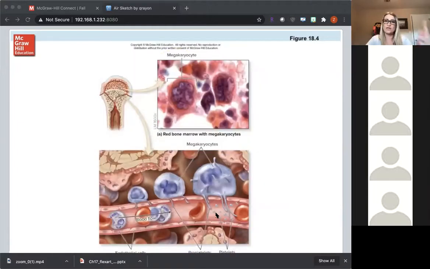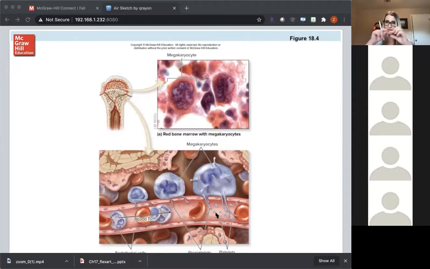When you look at this picture, this shows you visually the process of thrombopoiesis. So you would have a megakaryocyte in here, and this is in the red bone marrow, by the way. So megakaryocytes don't actually get into your blood, but they're going to be on the outside of a capillary.